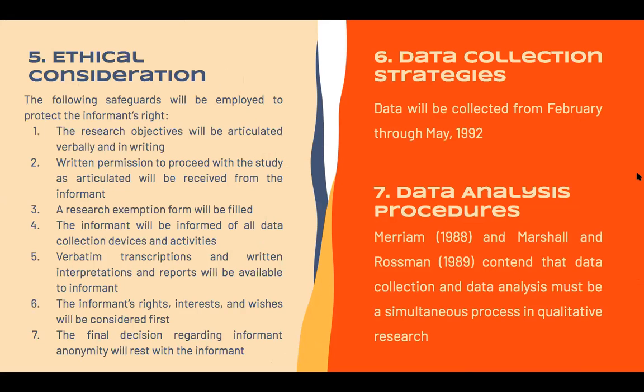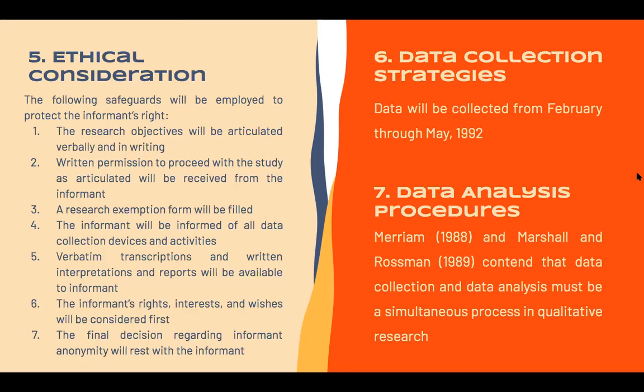The informant will be informed of all data collection, and verbatim transcriptions, written interpretations, and reports will be made available to the informant. The informant's rights, interests, and wishes will be considered first. And the last one is the final decisions regarding the informant. Anonymity will rest with the informant.